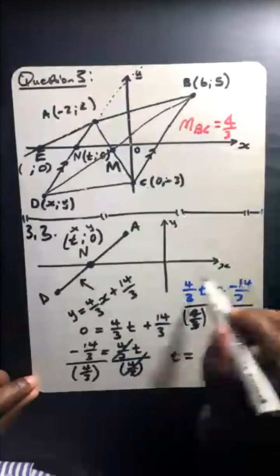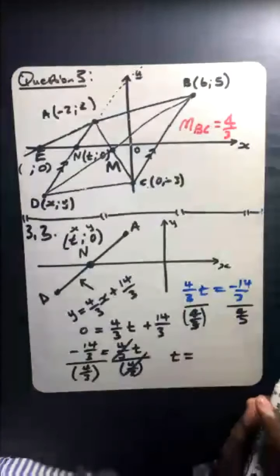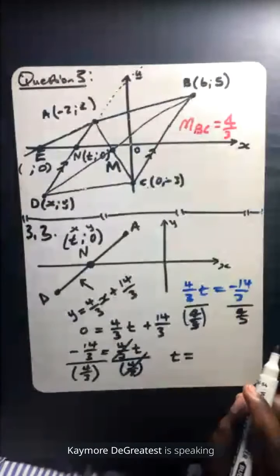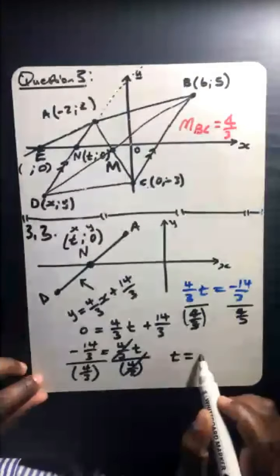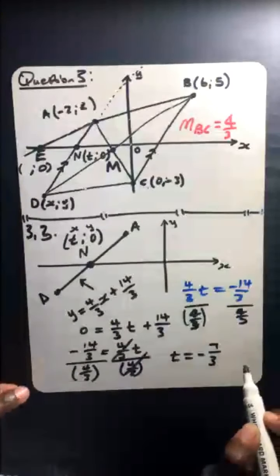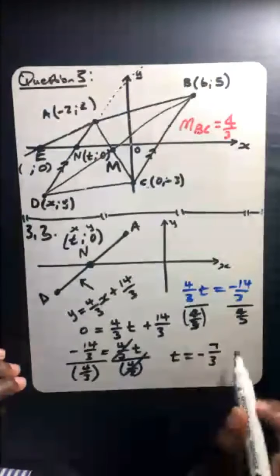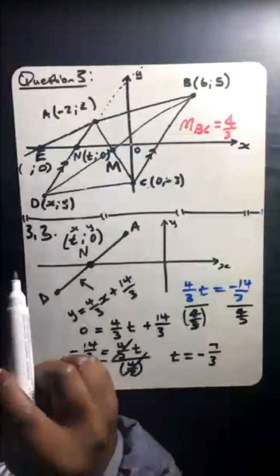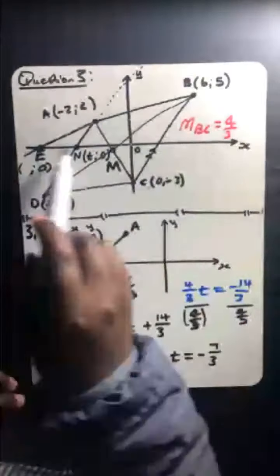What are you getting, guys? What is t? Negative 7/3. Very, very important, guys. So it is a negative number as expected, but it's not falling in any quadrant because it's along the x-axis.